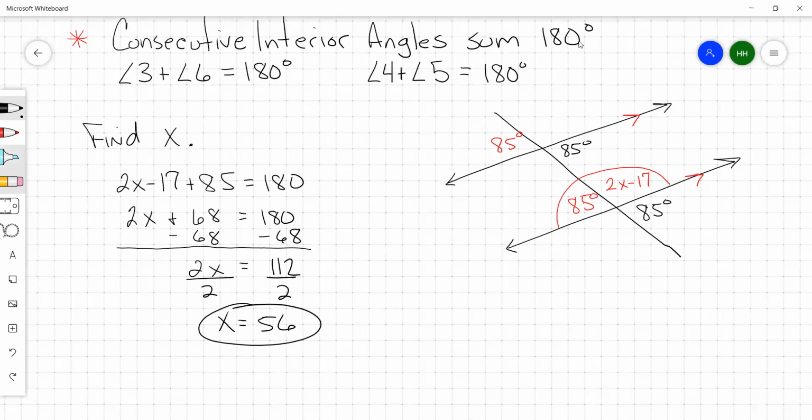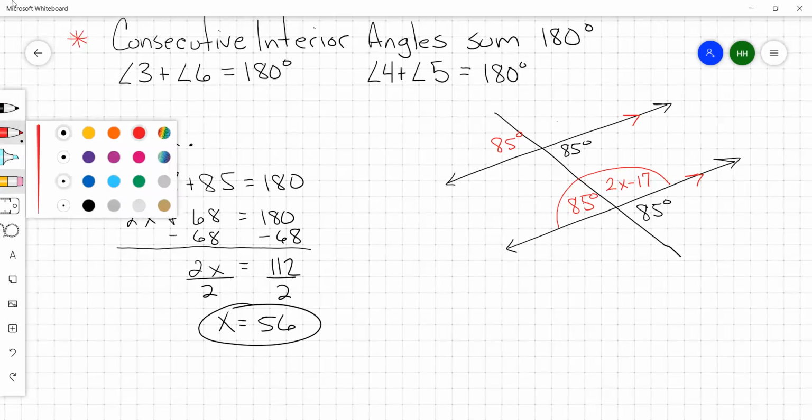Now, the angle to the right of this red 85, in this upper right-hand corner, these two angles form a line. So their sum is 180. If you take 180 and subtract 85, you're left with 95 degrees. So this angle up here in the upper right corner is 95 degrees.